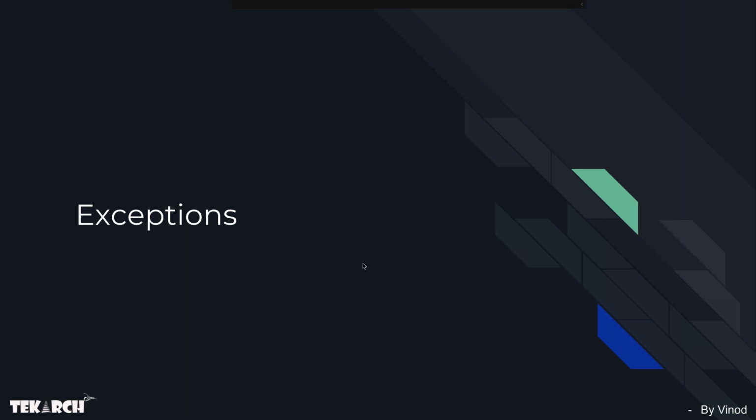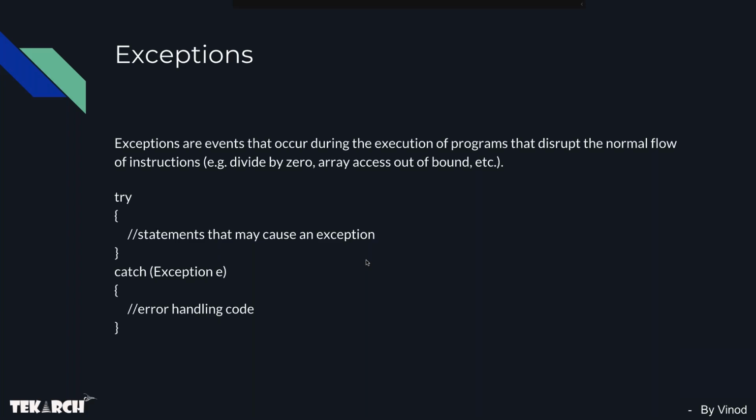That kind of exception will show in runtime. Yeah, that's right. So exceptions are events that occur during the execution of a program, something which is not expected, not a normal flow. By mistake, whatever happens, you start to see exceptions.